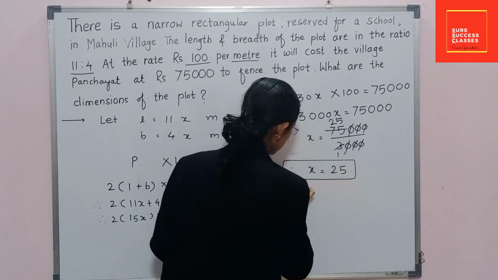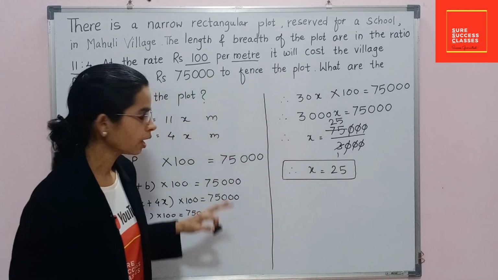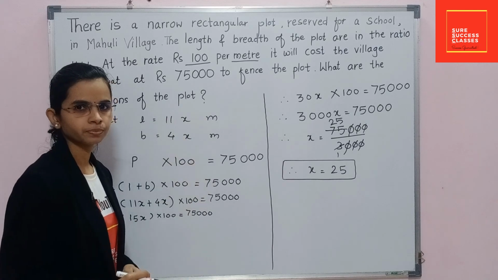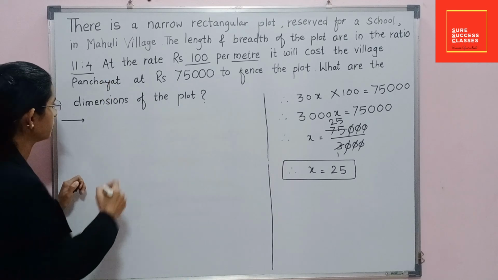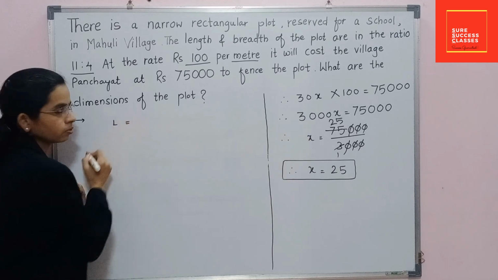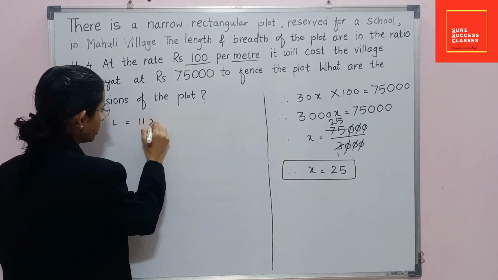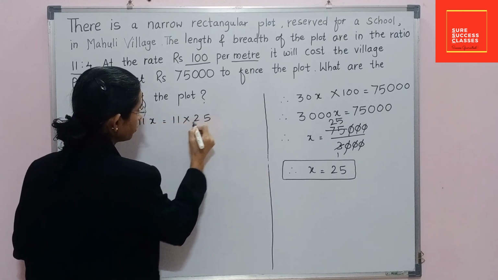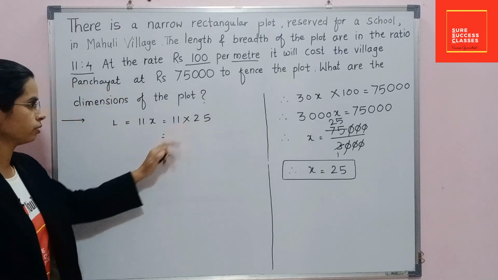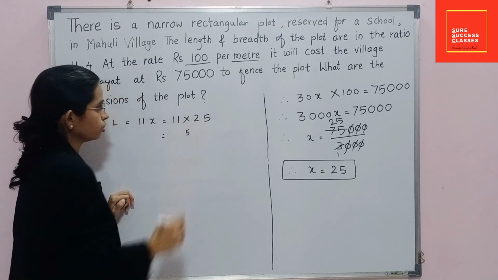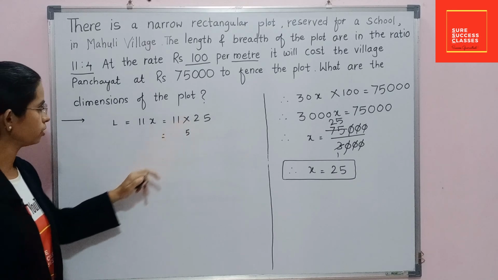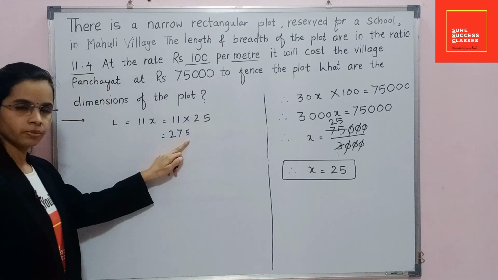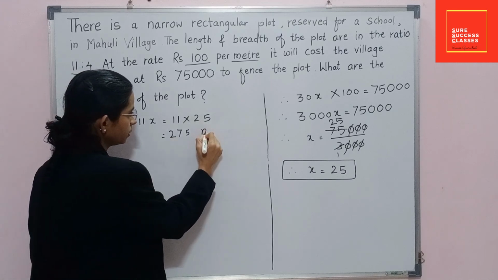We have got the value of this x, and by putting this value we will get length and breadth. So here we can calculate length is equal to 11x, which is nothing but 11 into this value of x, 25. Here we will get 25 ones are 25, 5 ones 2 remains, and 25 ones are 25 and 2 27, means 275, and unit will be meter.